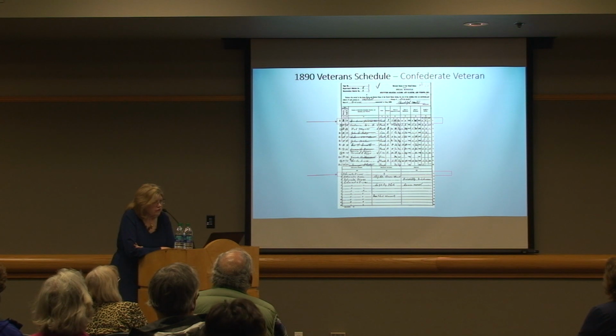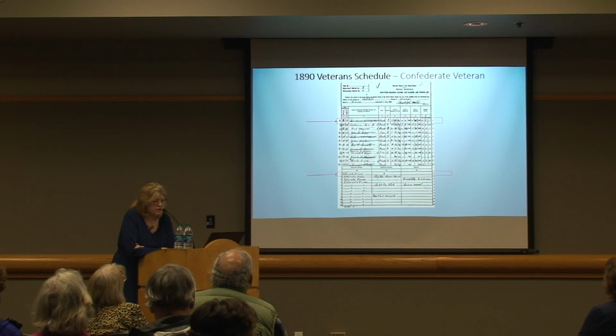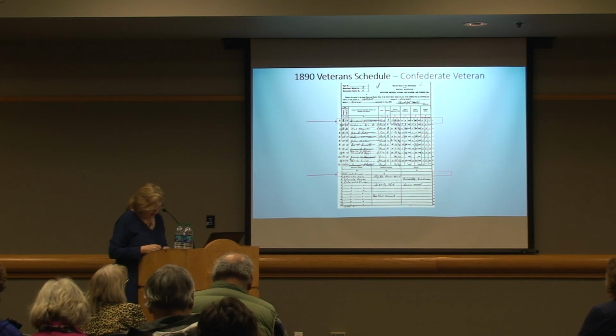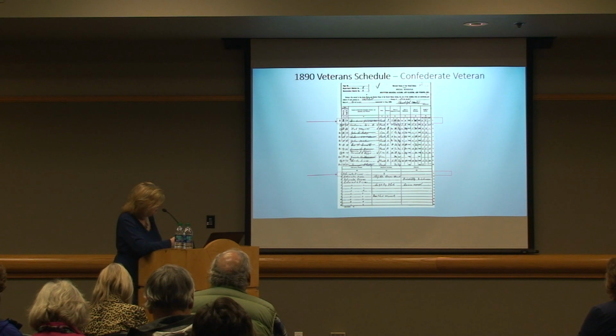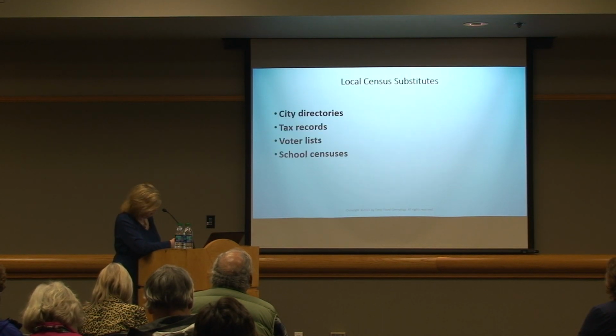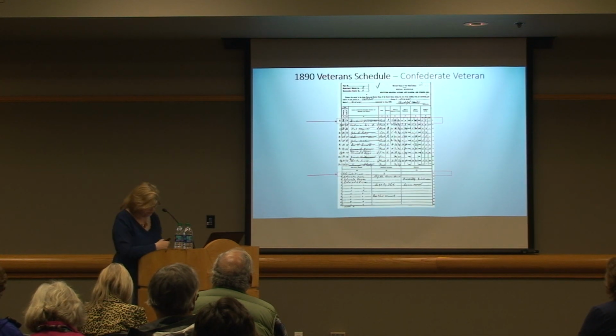As I mentioned earlier, the census enumerators would take down everyone's military service. Now, here we find, it's a little hard to see, but I will explain why it's hard to see in a minute. All right, here we go.